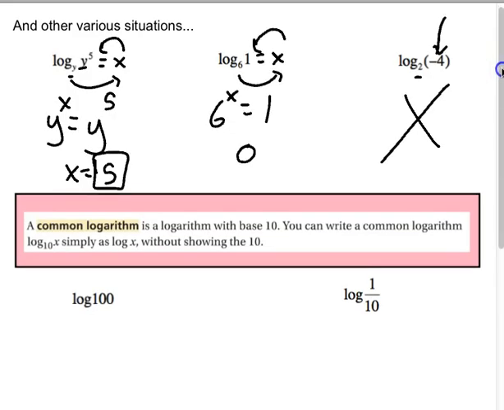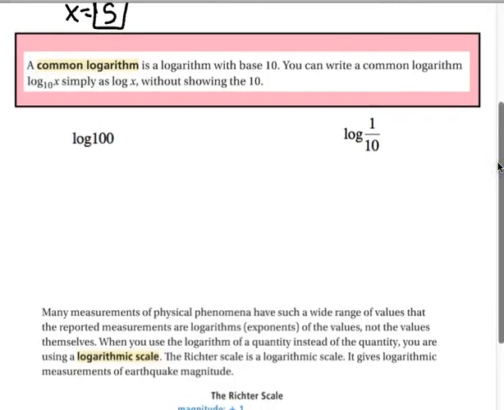So another rule to talk about is the common logarithm. So a common logarithm is a logarithm with base 10. So you can write a common logarithm log base 10 of x simply as log of x without having to show that 10. So really this is just an easier way of saying log base 10 of 100.